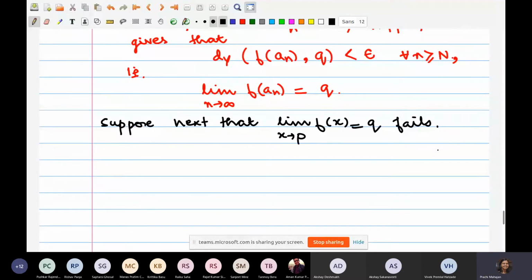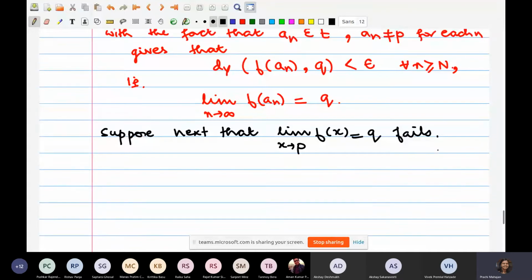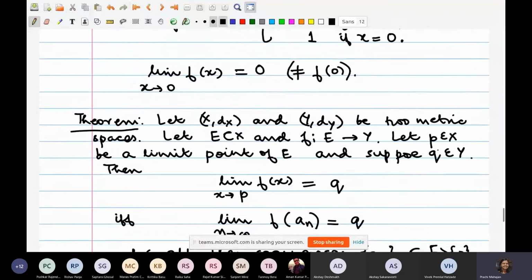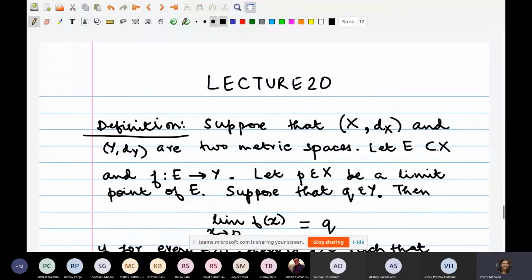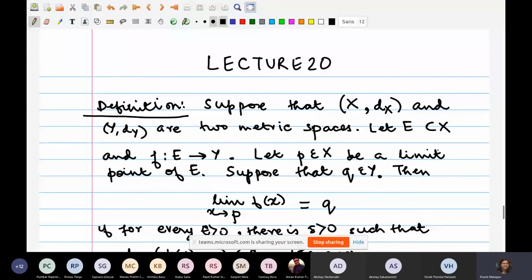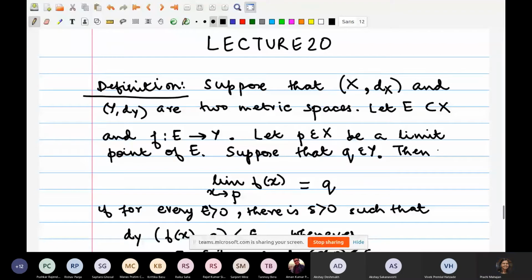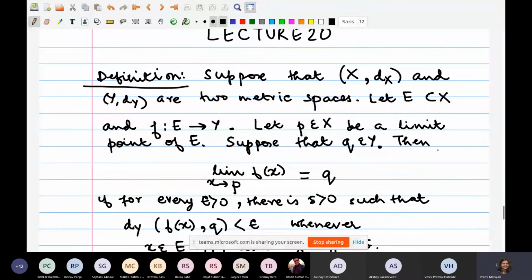So the definition says there exists an epsilon such that there exists an, sorry, what am I saying? The definition says for every positive epsilon, there exists a delta such that something happens, right? I'm looking at the definition of limits here, right? So what could be the negation of this statement? Somebody help me with this, please.